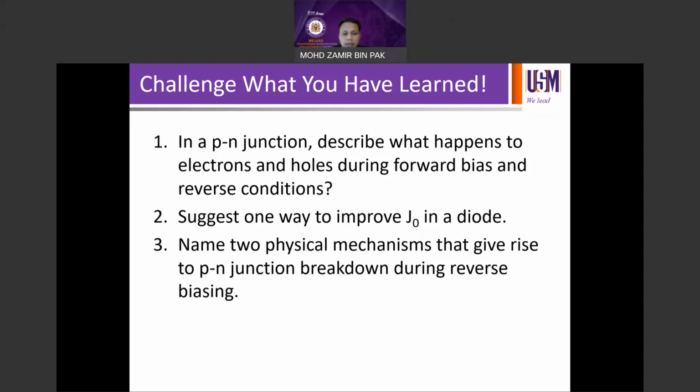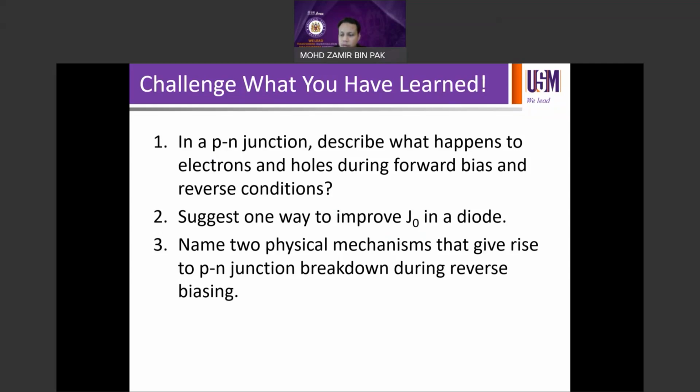And the last one: name two physical mechanisms that give rise to PN junction breakdown during reverse biasing condition. So you have to go back and try to describe the two physical mechanisms. What are the details?